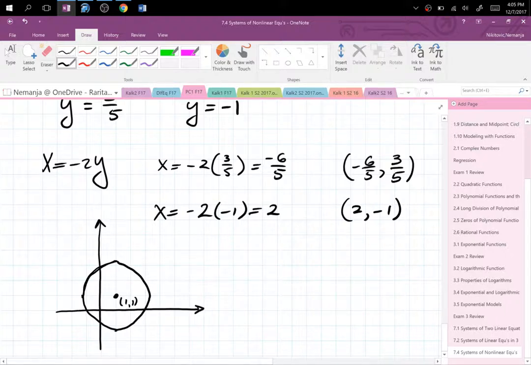And then you also have the equation x equals negative 2y, from where y is equal to negative 1/2 x. Well, negative 1, so drop 1, run 2, and a 0, and then connect them.